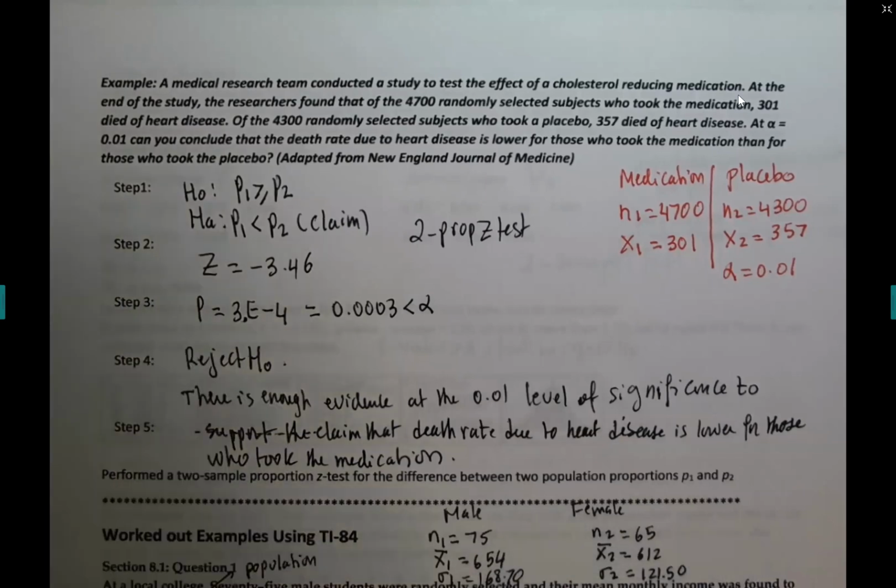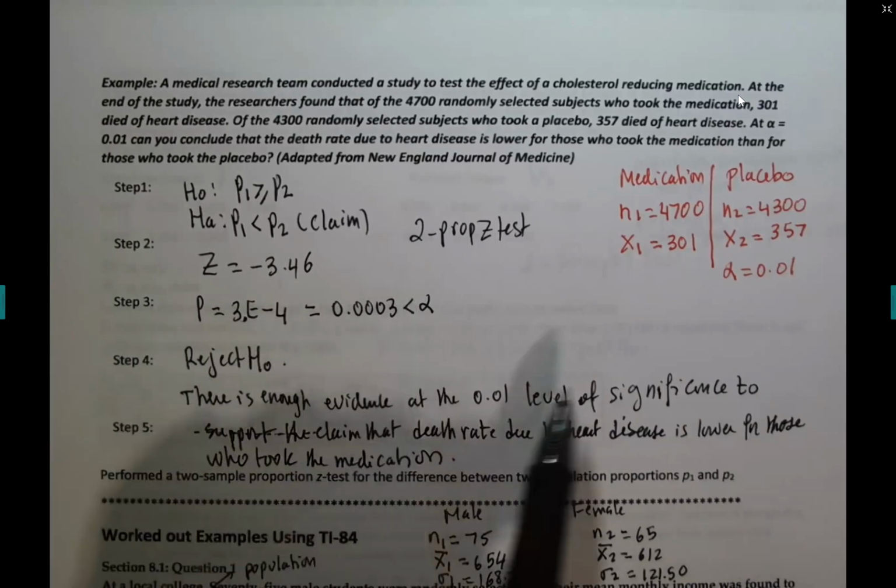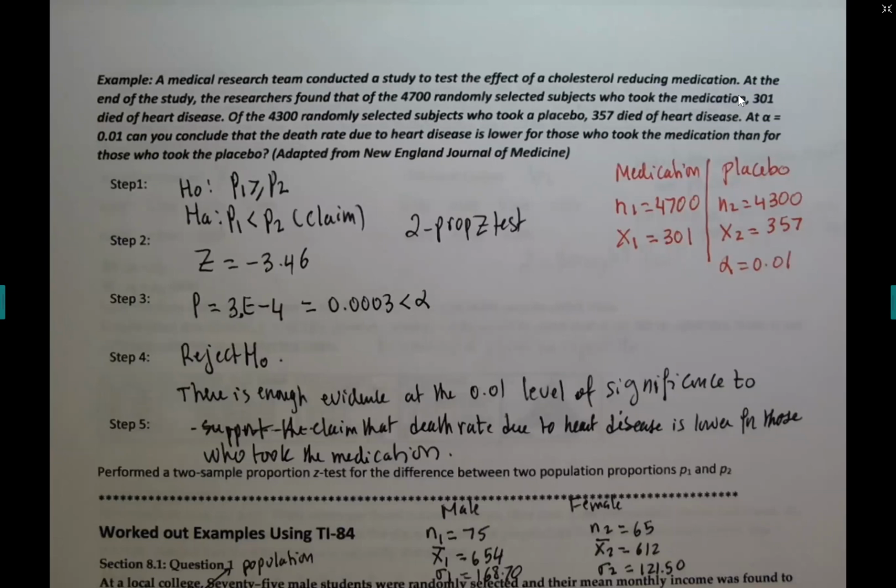So that means, guys, it's good to take the medication because we have evidence to show that it does reduce the heart rate. There's a lower chance of dying of heart disease if you take the medication than if you take nothing. And that's how pharmaceutical companies sell their medication when they perform a test like this and they show it works.